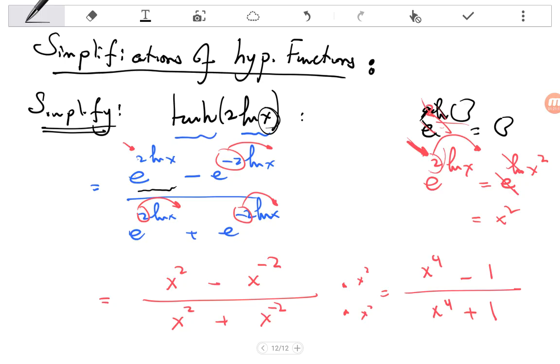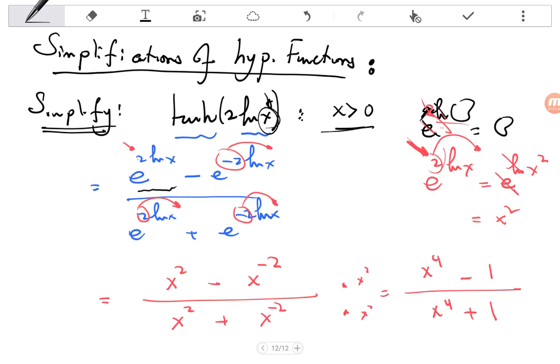X is inside ln, so x here must be a positive value. We learned before that for any ln, there is a condition that the argument inside the ln must be positive. Okay? So this is a condition.